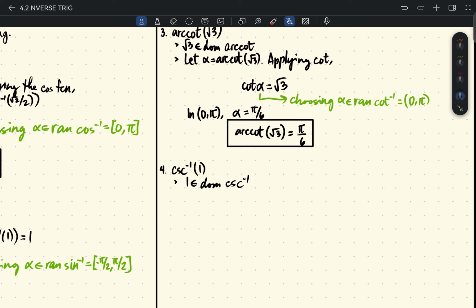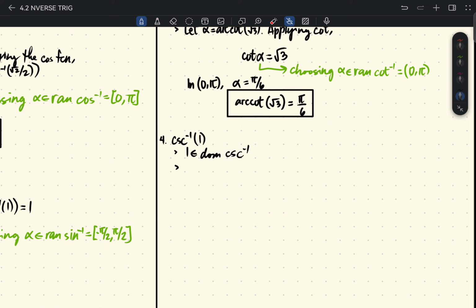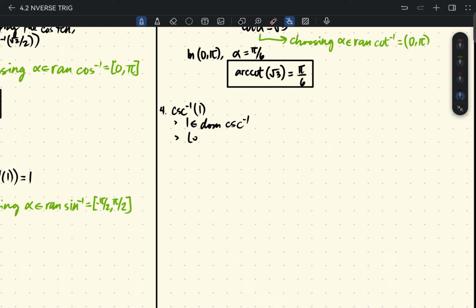And that means we can proceed to our method of letting this one right here become some variable, say alpha, and applying the cosecant function to both sides. We get cosecant alpha equals cosecant of cosecant inverse of 1.